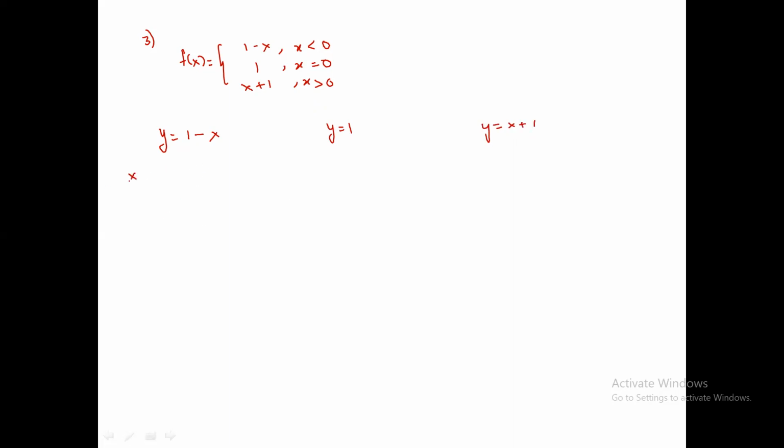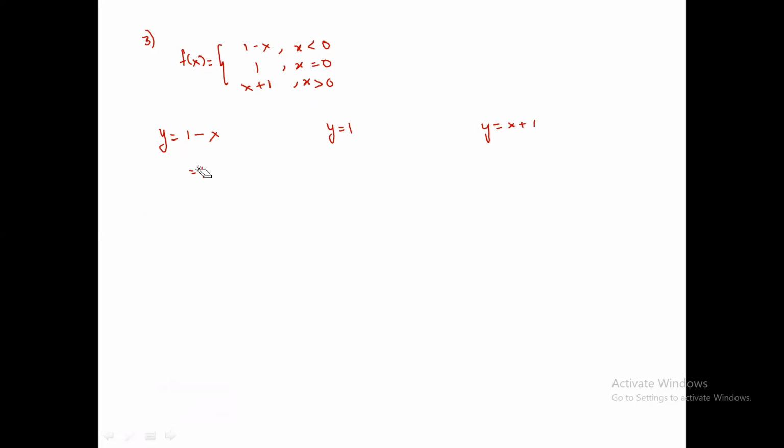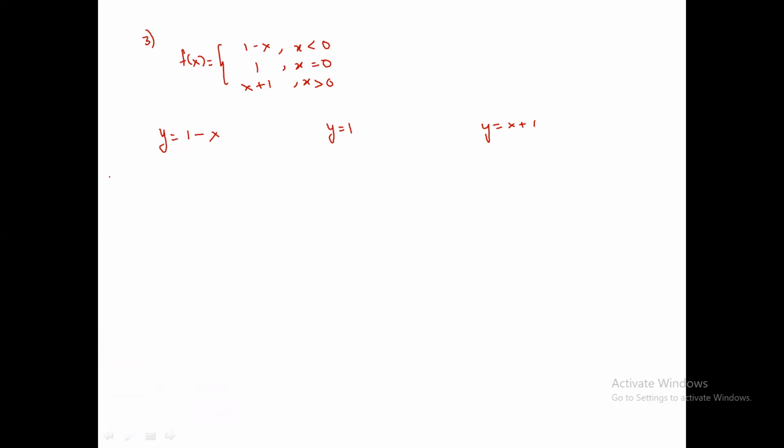First, if we put x as 0, y will be 1. But we are not supposed to put x as 0, because the condition is x should be less than 0 for this equation. So you have to put x as -1, y will be 2.